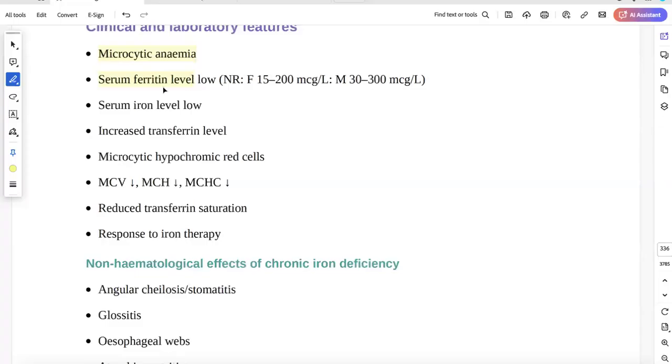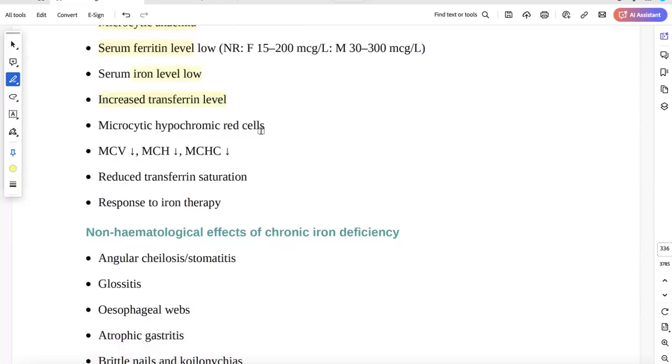Remember, serum total iron can be low in a lot of other conditions. Someone who got a recent infection, their serum total iron can be low. But the main thing that you should look for if you're trying to rule out iron deficiency anemia is serum ferritin, the storage form of iron in our body.